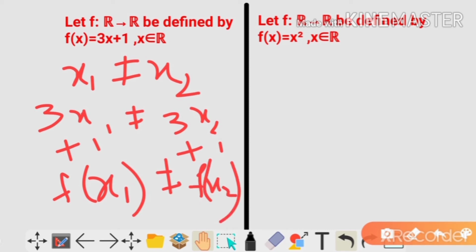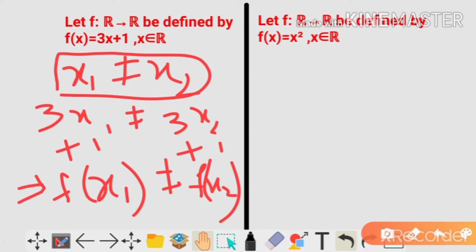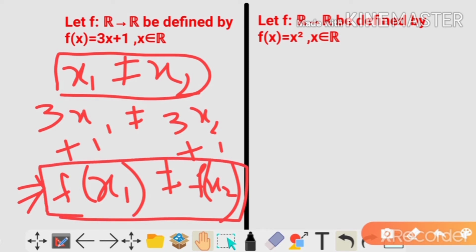So we have taken x1, x2 as not equal, and we have proved that f of x1 is not equal to f of x2. So it's an injective function. Now if you look at the second function, it is defined by f of x equals x square.